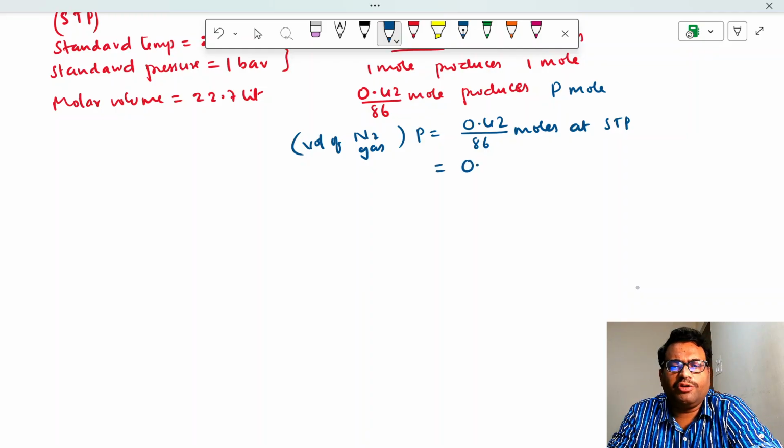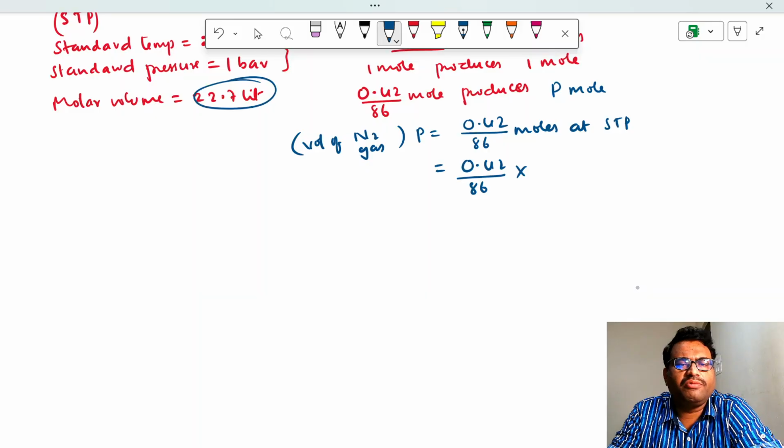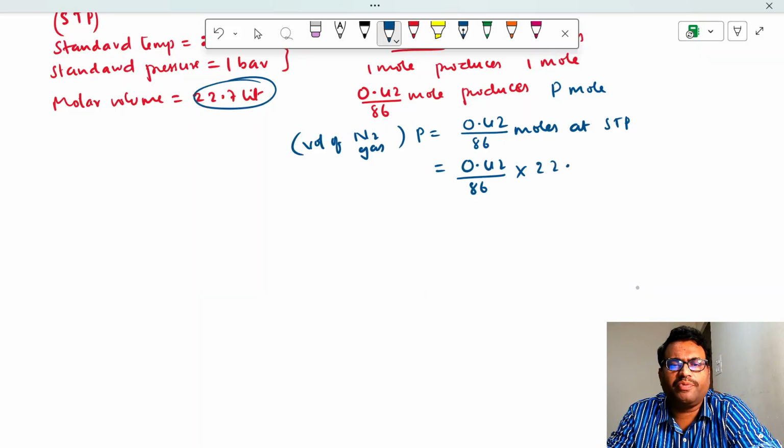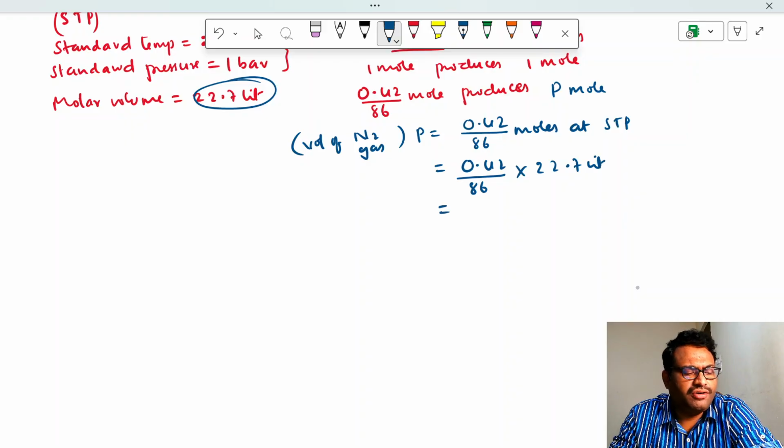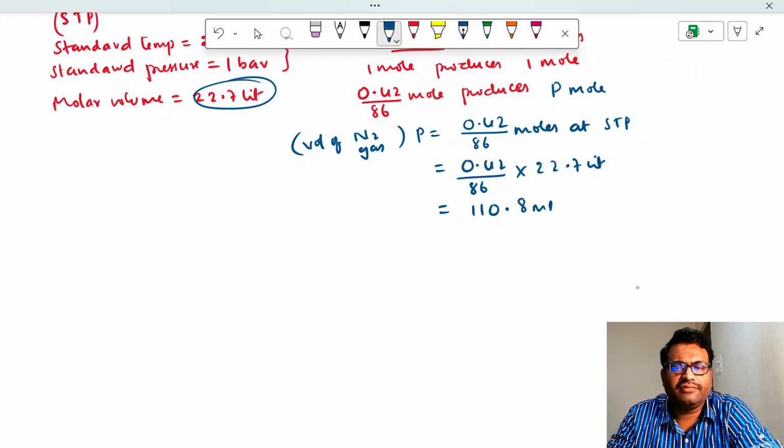That is equal to 0.42 by 86 into 22.7 liters, as 1 mole occupies 22.7 liters. If you calculate this, what you get is 110.8 ml, which is 111 to the nearest integer.